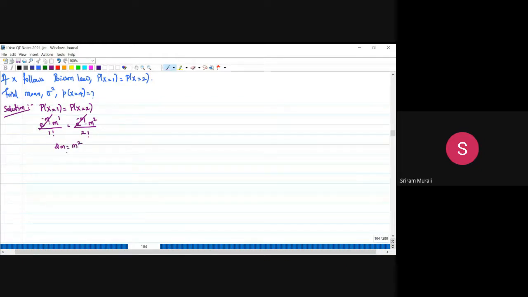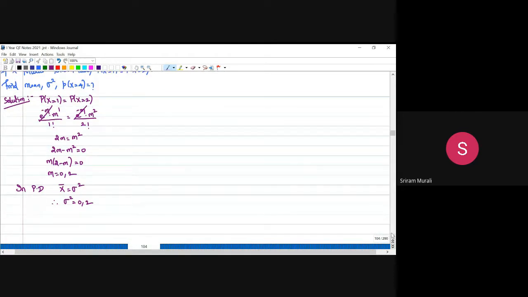Don't cancel m, because a second degree equation has 2 roots. So m is a common factor, m into 2 minus m. So m is equal to 0, 2. You know in Poisson distribution mean is equal to variance. Therefore variance is also equal to 2.